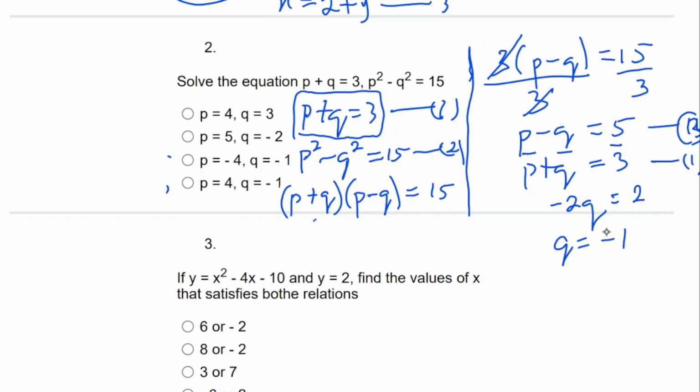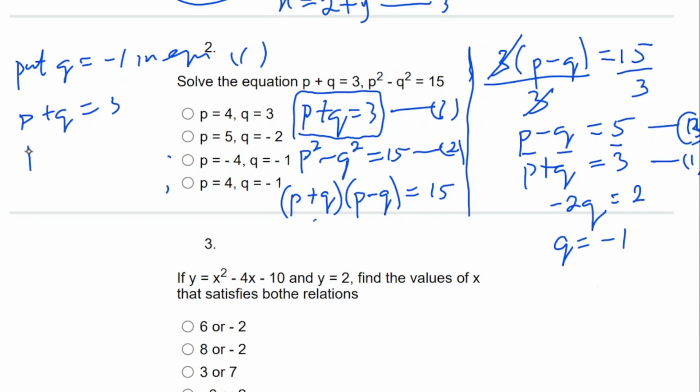So it now remains to find the value of p. So just put q equals minus 1 into equation 1. Equation 1 is p plus q equals 3, all right?